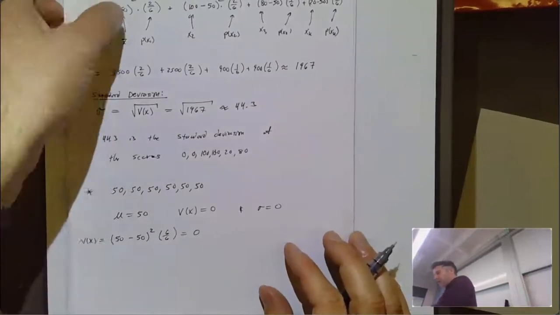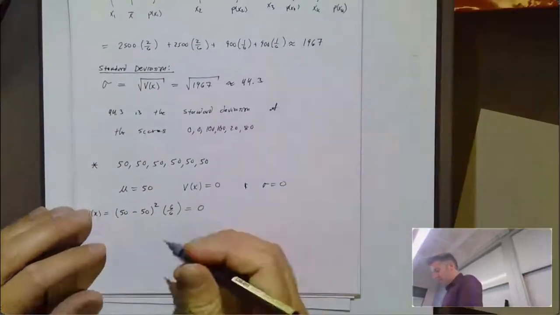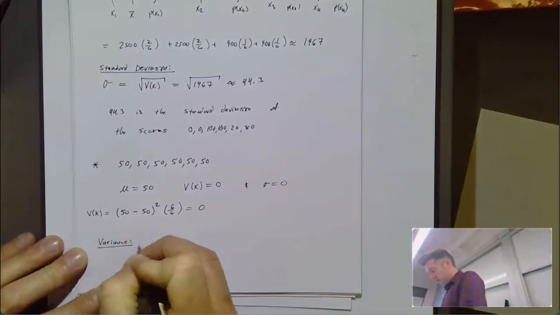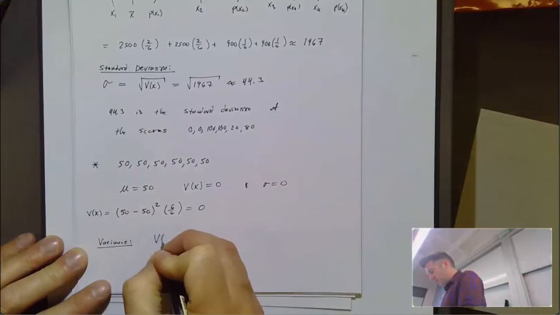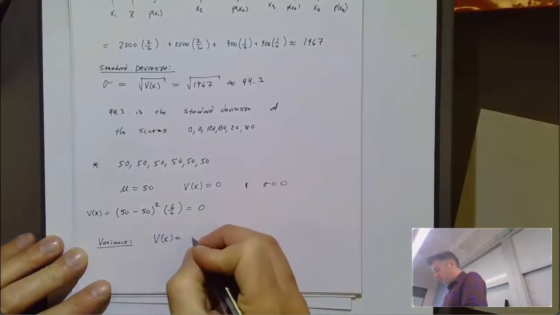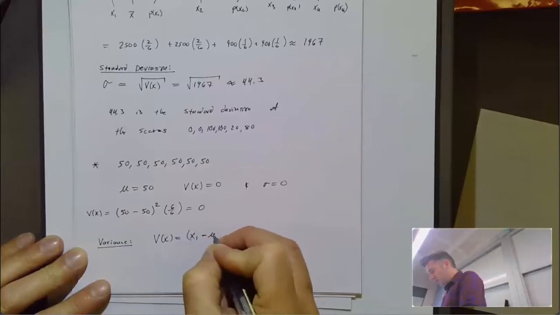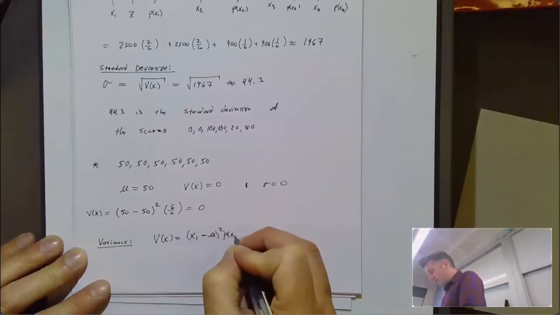So generally, the variance is calculated as each score minus the mean squared times the probability of that score.